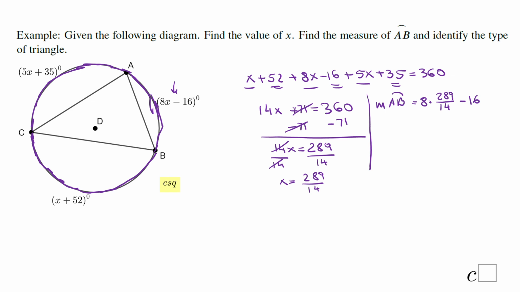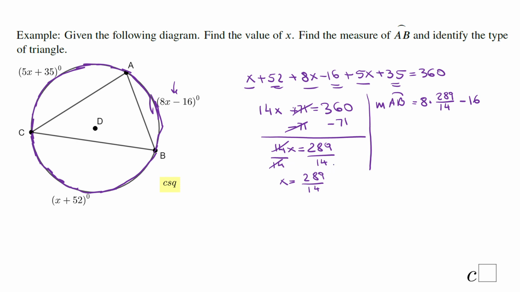Okay, so I'm going to do that. 8 times 289 divided by 14, and it's not nice, minus 16, but I think we can live with that.